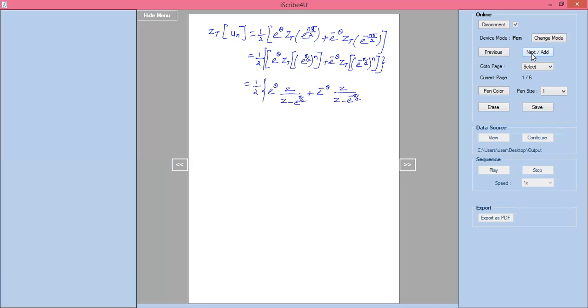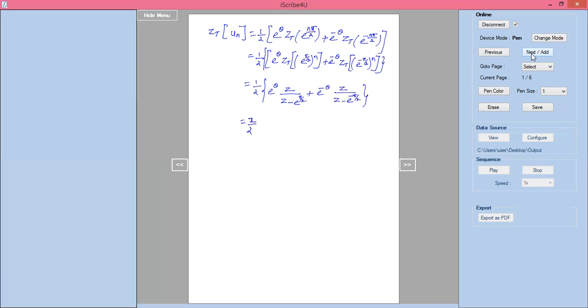Right. Now how do you simplify this? Say 1 by 2 into, we'll take LCM. Here also z is there. Z we can take common outside. So it will take z outside.